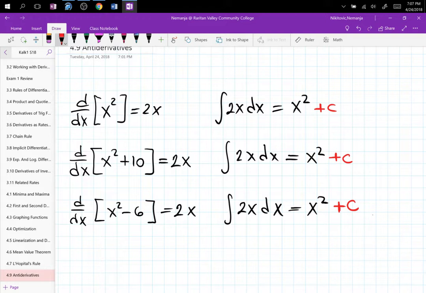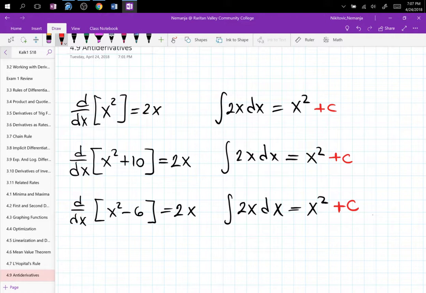Derivatives destroy this piece of information, and when you do the integration to go back, you need some extra information to actually figure out whether there is nothing there, or plus 10, or minus 6, or whatever else.